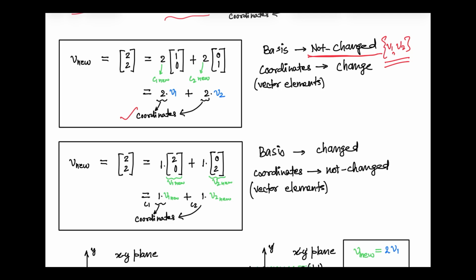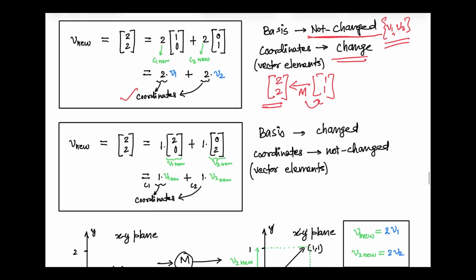The basis remains the same, but the coordinates change, and the vector elements have become 2 2. Earlier it was 1 1, and when the transformation M acted upon it, we now have 2 2. So in this way we keep the basis the same and see that the coordinates of the vector get scaled up or down based on the matrix operating on that vector.